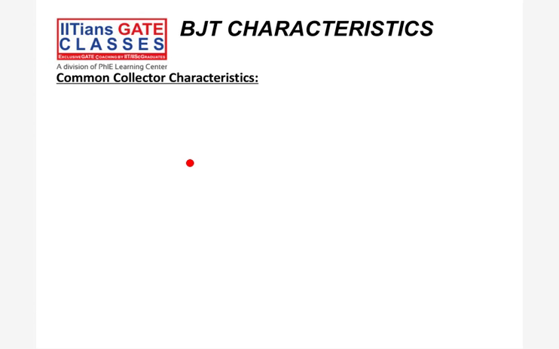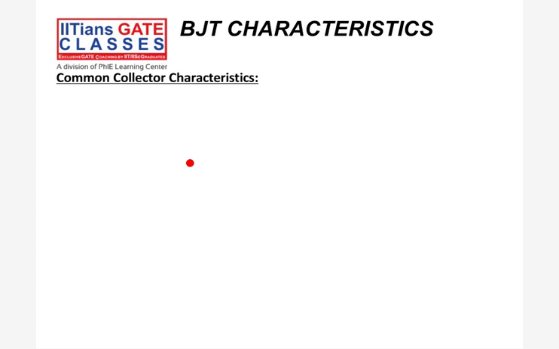Tomorrow I'll take the few points which are left and close this BJT characteristic: the basic things, and one more thing, how we can calculate in which mode the BJT is operating. That I'll also show you in today's class.